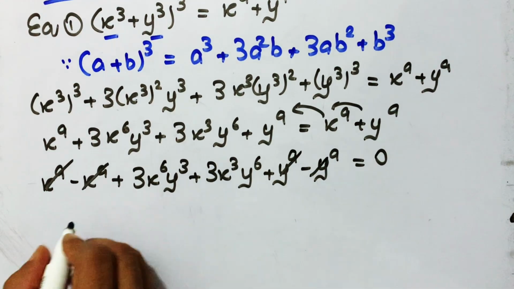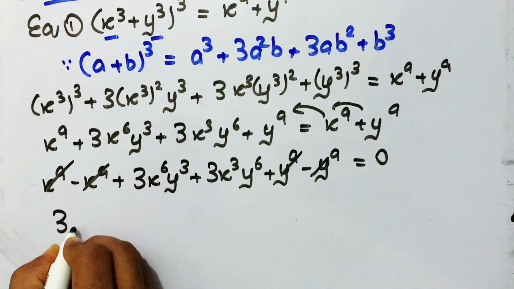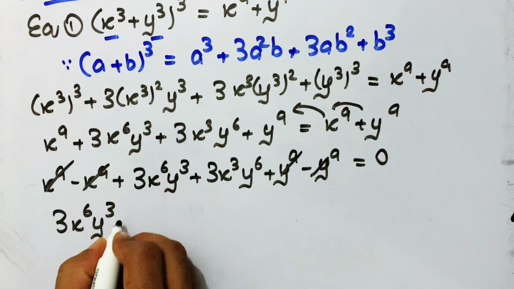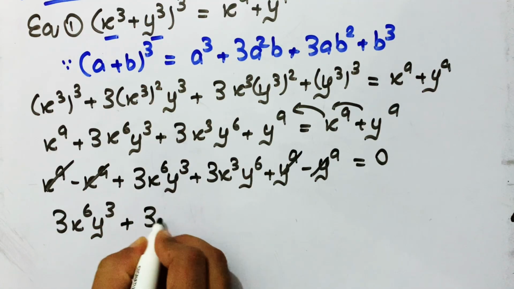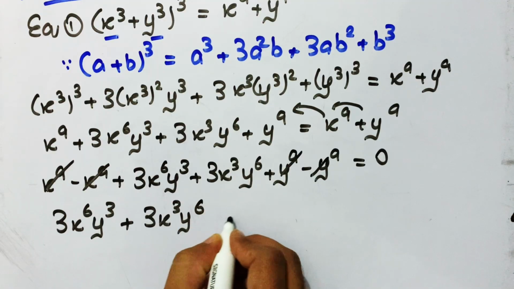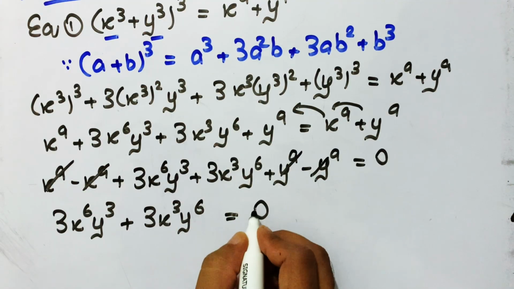Our remainder is 3x power 6 y cube plus 3x cube y power 6 equals 0.